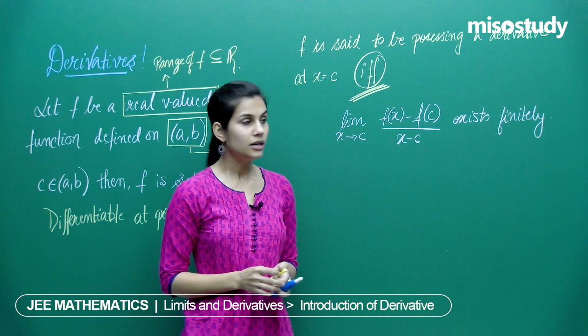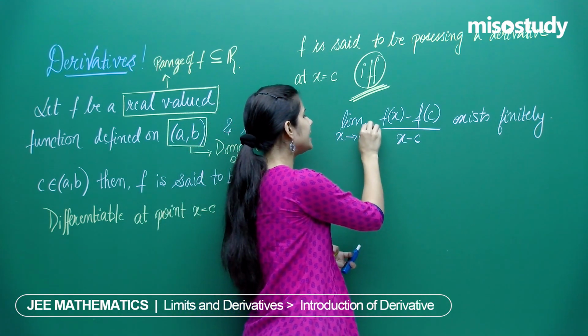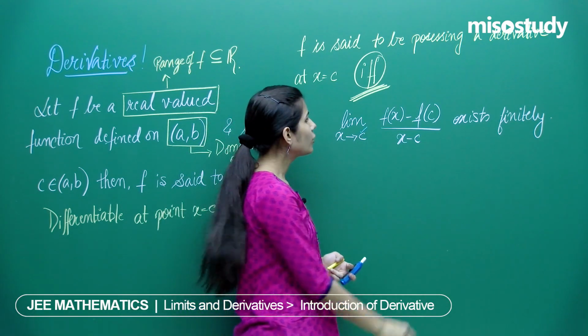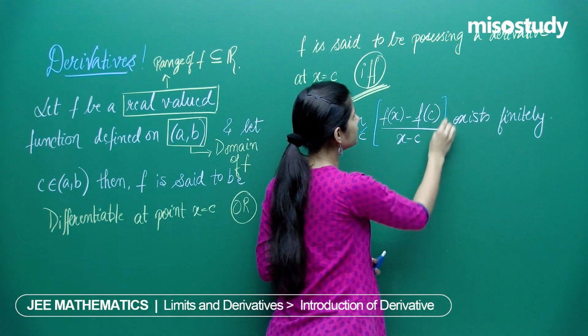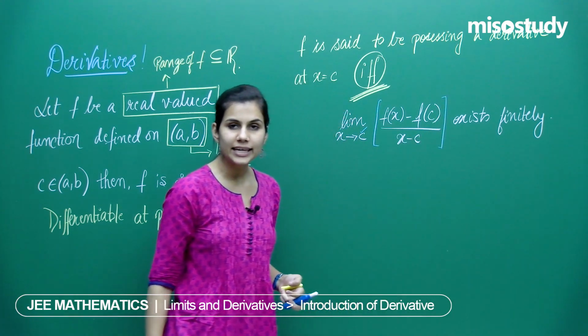That's the meaning. So for every point c in the domain of f, you can check whether the limit of this function exists finitely or not.